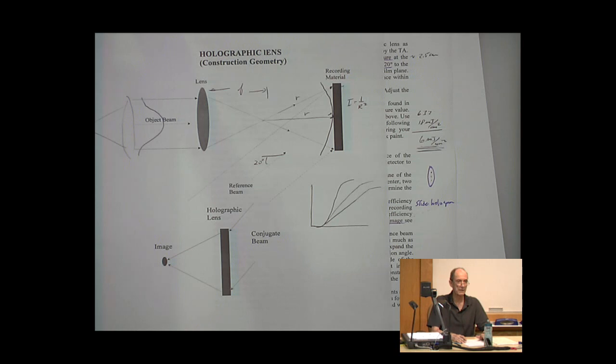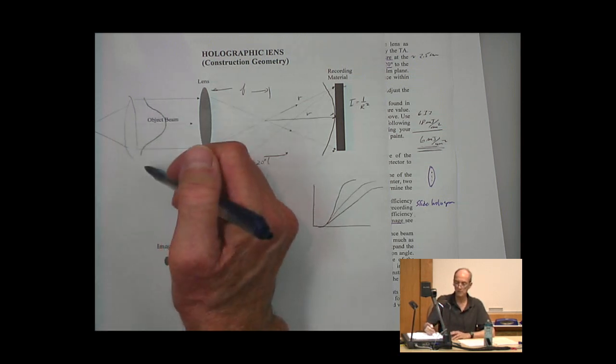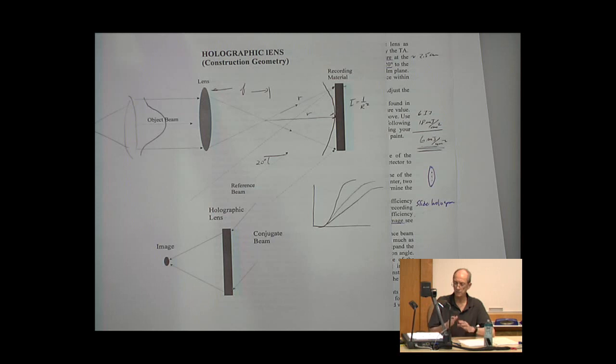If you have a low-sensitivity material, you're going to have to wait a long time, which means you need very stable conditions in the lab during that exposure. I have made exposures out to like 6 minutes in our lab, not in that room but in the first room where we have our big argon laser, but it really requires a lot of precautions to get something to work out there.